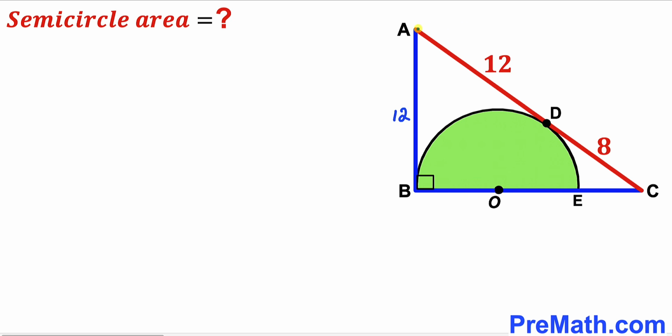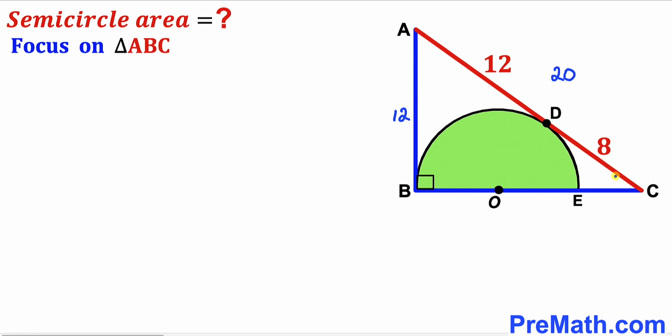Now let's make an observation. This whole hypotenuse AC is equal to these two individual lengths 12 and 8. If we add them, that gives us 20 units.